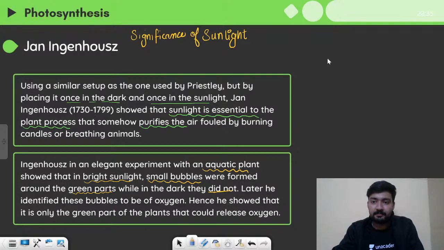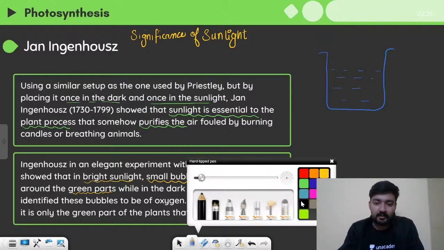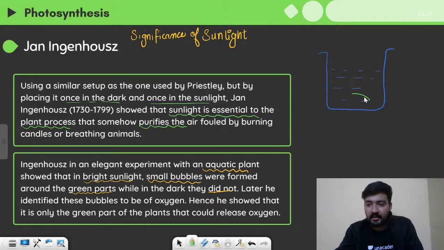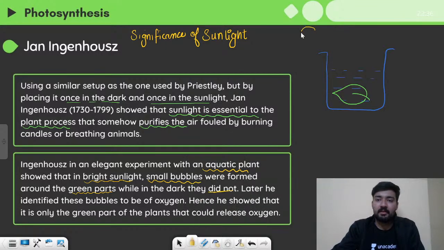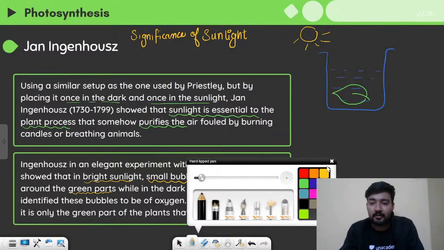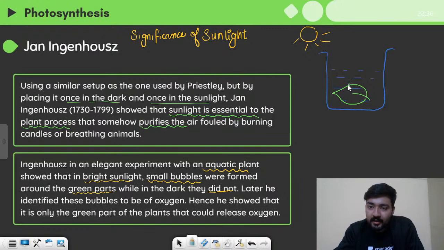So you can imagine in a beaker, if we have water, and in the water we have a green plant placed, and sunlight is provided to the green parts of the plant, what did he observe? He observed tiny bubbles, right?